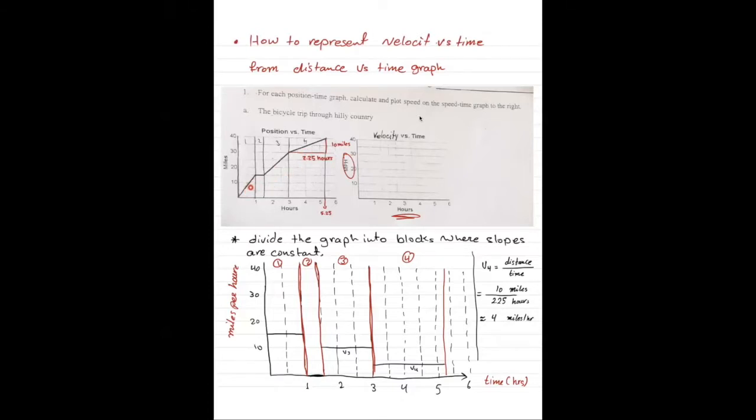One thing we did is that we said constant slope means constant velocity. It's a horizontal line for each block. But what does a higher slope mean? We can notice that in block 1, the line had a higher slope than block 3, and block 3's line had a higher slope than block 4.